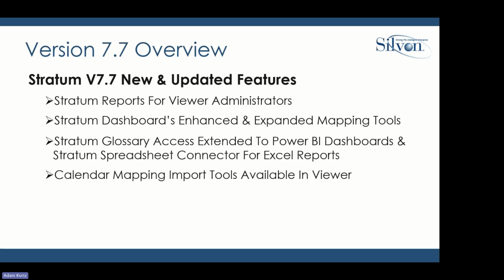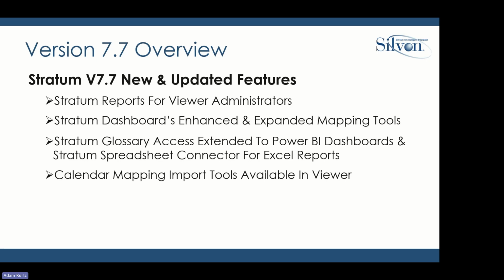Some of the features in 7.7: there are some new reports available for the view administrators. They can generate reports based on some of the menus they have access to, like the role maintenance menu. You'll now be able to export reports into Excel from that menu.